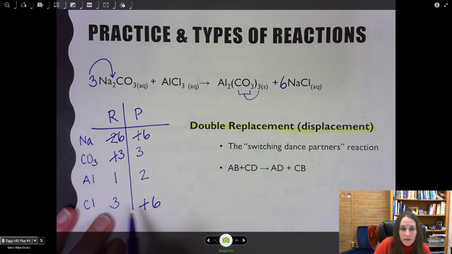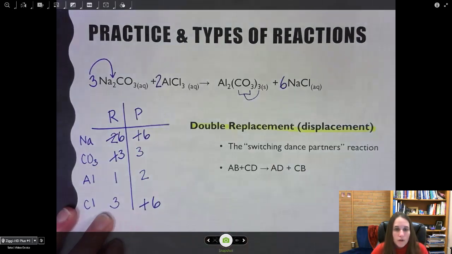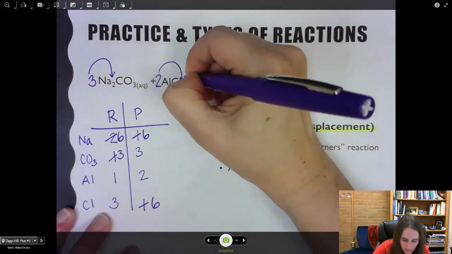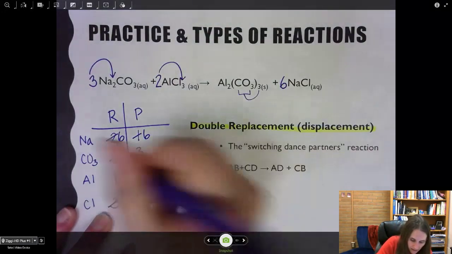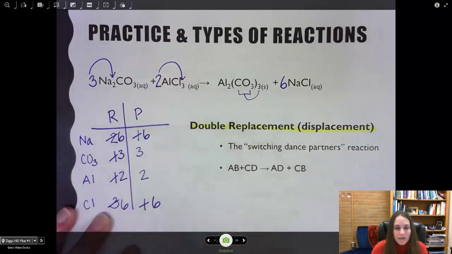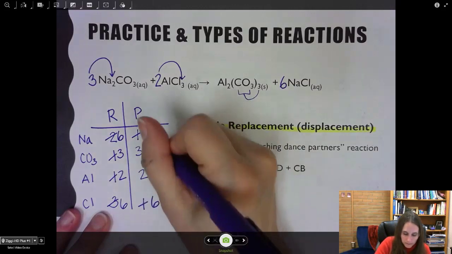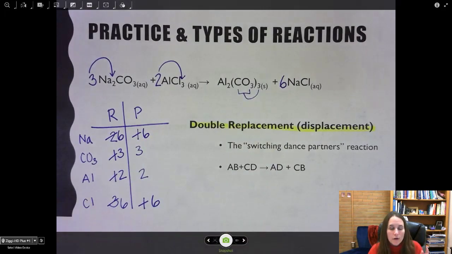Well, 6 divided by 3 is 2. So I'm going to put a 2 in front of my aluminum chloride, which multiplies my chloride to 6, and without ever having to put any thought into how to balance aluminum, it balances my aluminum. And I have the same number of atoms for each element on my reactant side as on my product side for this double displacement reaction.